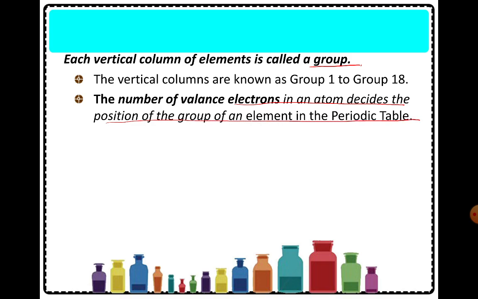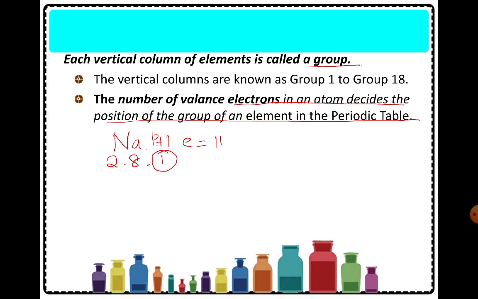So we already learned this from chapter 2, di belakang tu kita ada belajar tentang the valence electron. Contoh we got sodium. The number of proton is 11, so number of electron also 11, so the electron arrangement is 2.8.1.